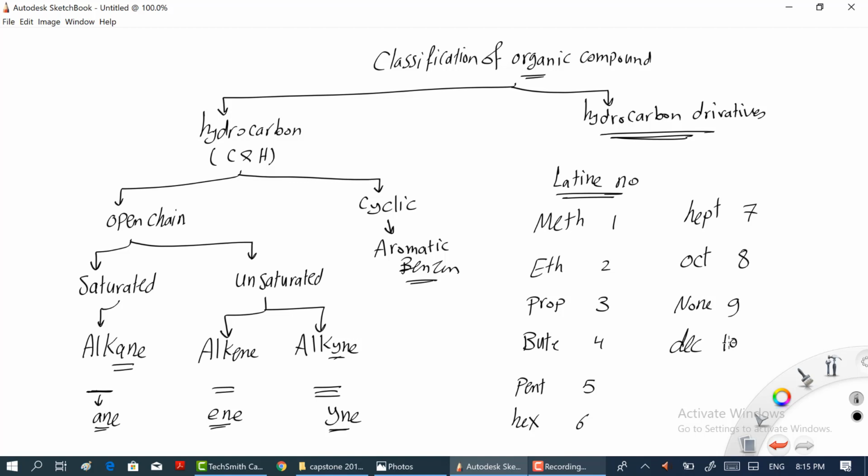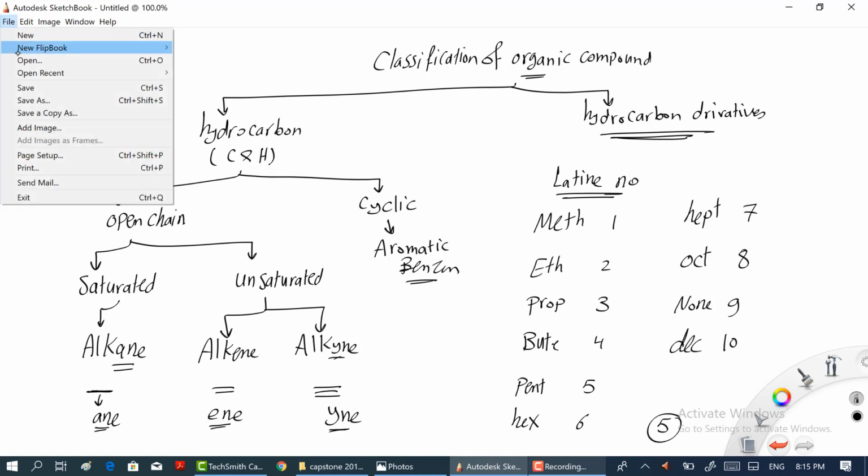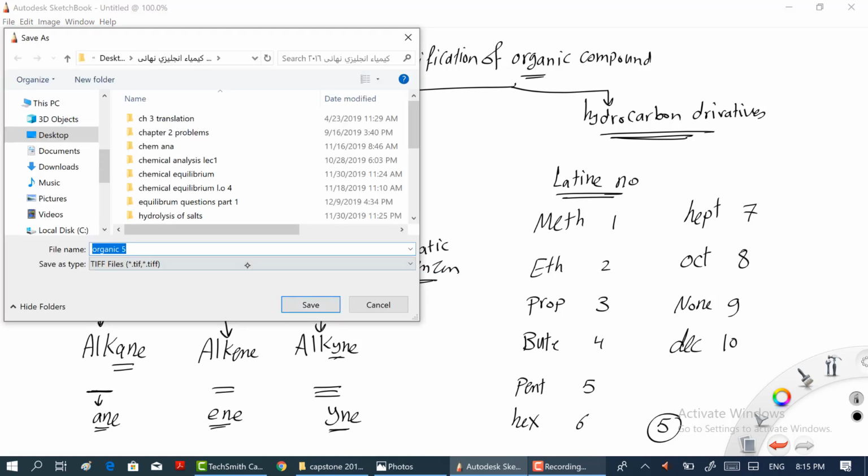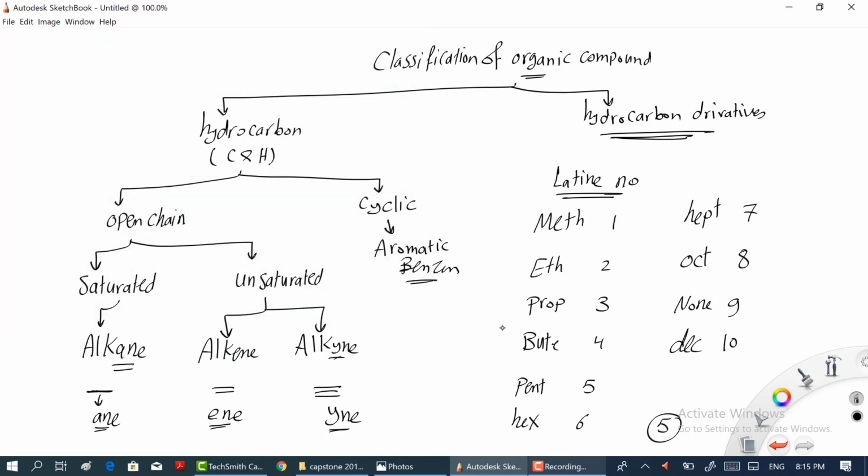Firstly, let's talk about the alkane and how to give the name according to the Latin words. So start with the alkane. In alkane there is a general formula, CnH2n+2, where n is the number of carbon atoms.